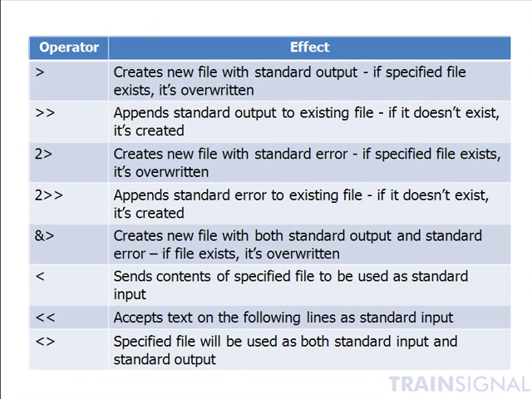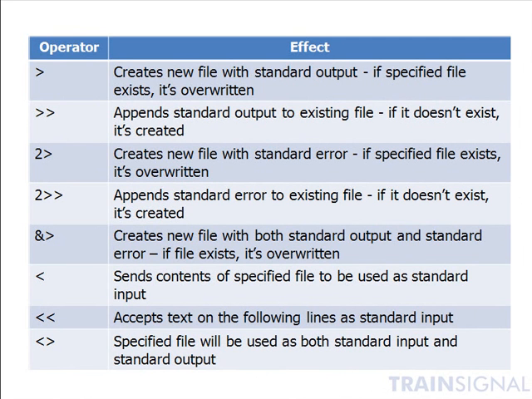The table on your screen contains the symbols that can be used along with the commands we've just discussed to redirect input and output. Certification candidates, yep, you'll want to commit these to memory. The greater than operator creates a new file with standard output. If the specified file already exists, it's overwritten. 2 greater than operators append standard output to the existing file, and if it doesn't exist, it's created.